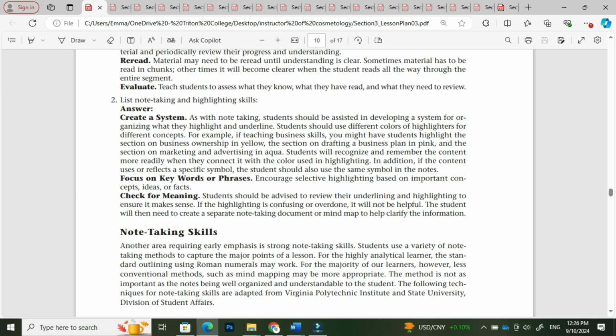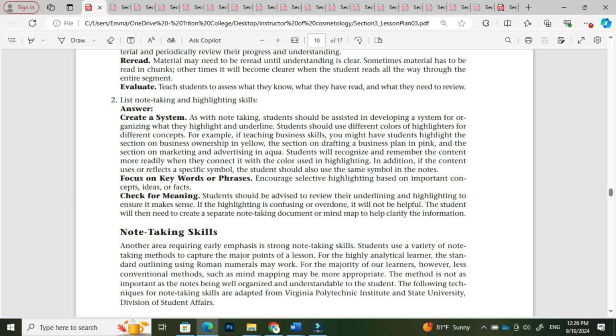For example, if you are teaching business skills, you might have students highlight the section on business ownership in yellow, the section on drafting a business plan in pink, and the section on marketing and advertising in aqua.